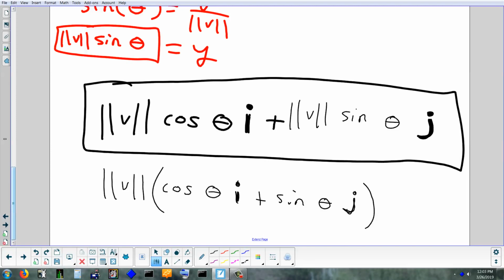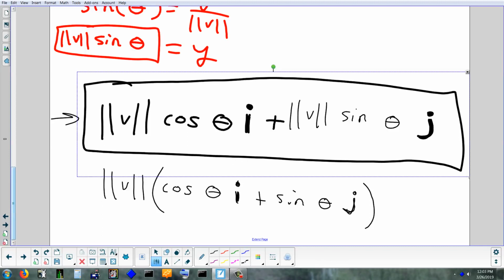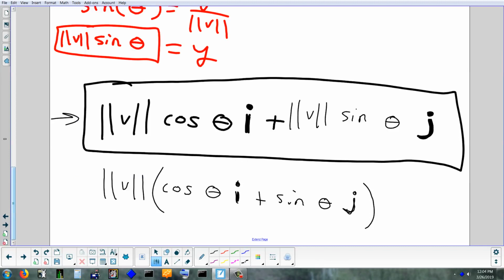When you're going through a problem, this is going to have to be the first step. You're going to have to distribute this magnitude out. So I usually write it the way you see in the box. If you look in your packet, you're going to see it the way I wrote it down below.